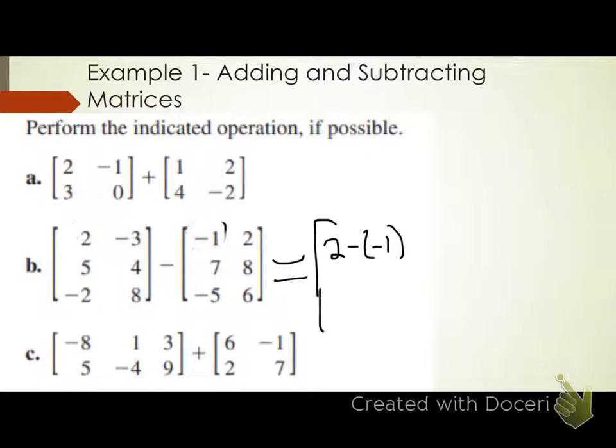Now, negative 3 and 2 are corresponding, so I'm going to do negative 3 minus 2. Five and 7 are corresponding, so I'm going to do 5 minus 7. 4 and 8 are corresponding, so 4 minus 8.